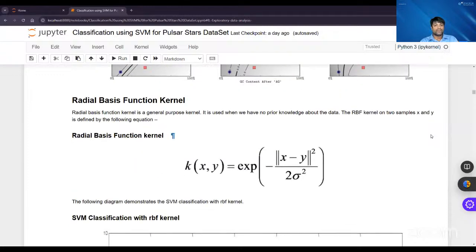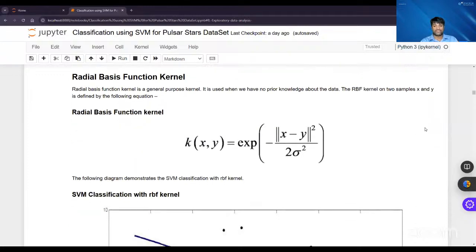Now let us go to the next function, which is the radial basis function. Many people would have seen this formula. If you have seen the normal distribution formula, a bell would have rung, because this function is actually taken from the normal distribution.